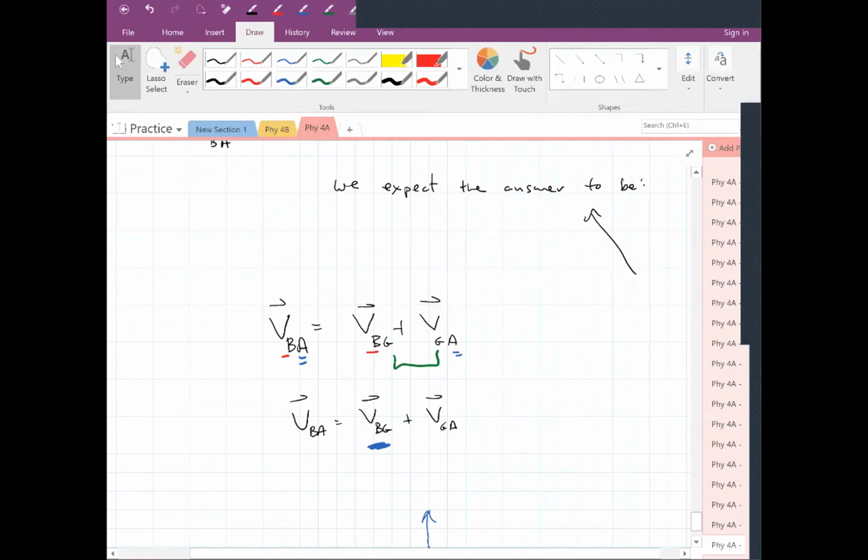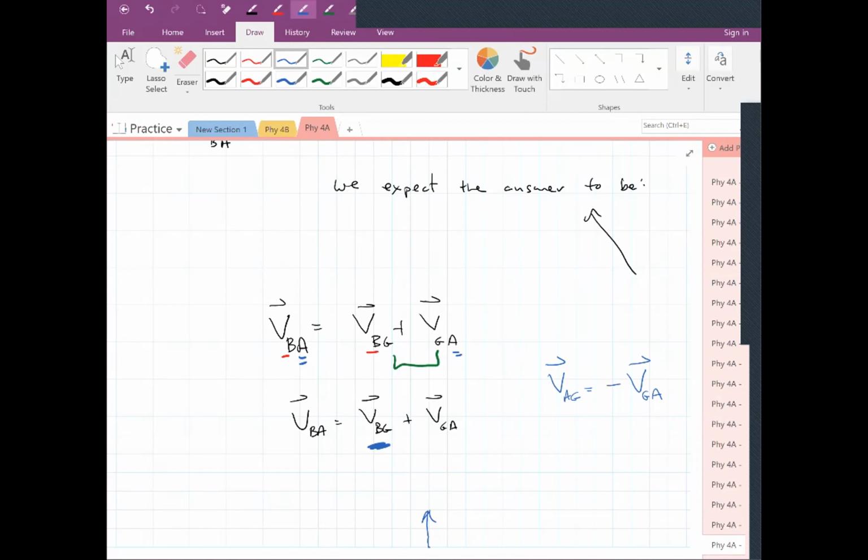So how do we flip it? Well, the velocity of A with respect to the ground is the opposite of the velocity of the ground with respect to A. It flips by 180 degrees, right? Because if I'm walking this way at 1 meter per second, I don't think I'm moving.